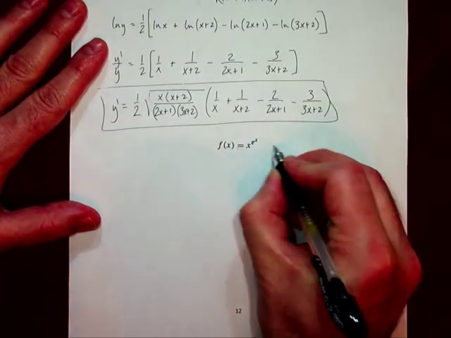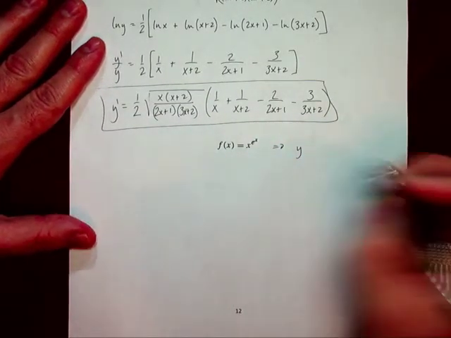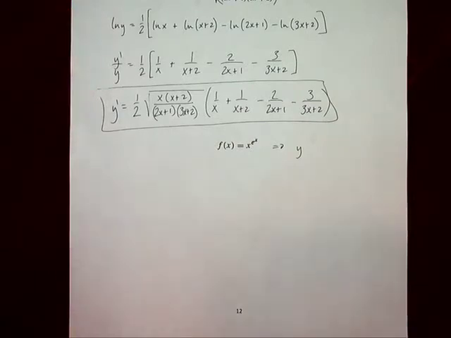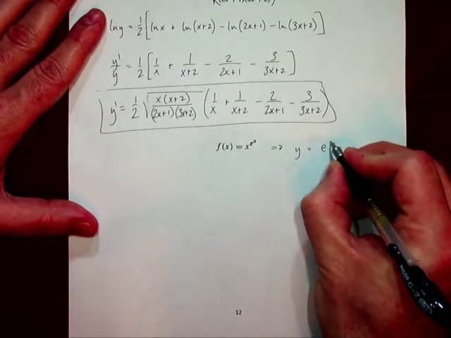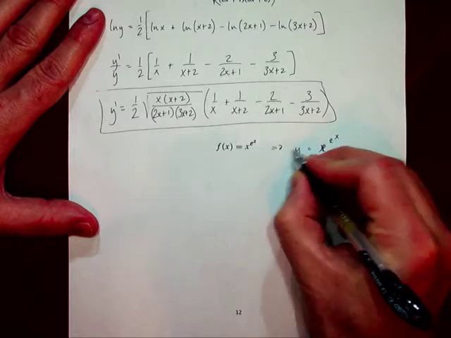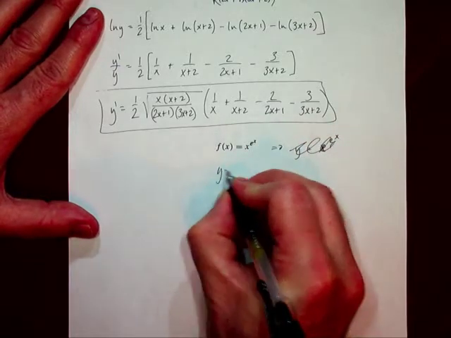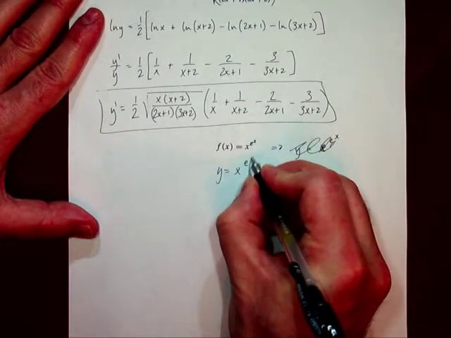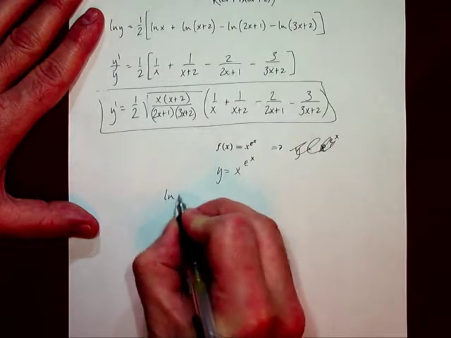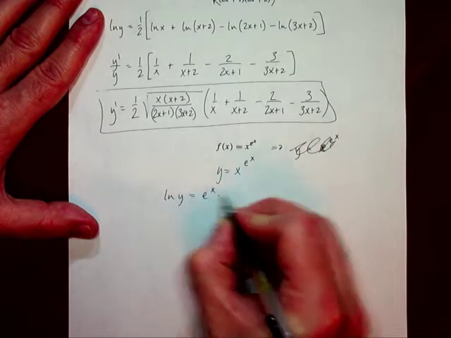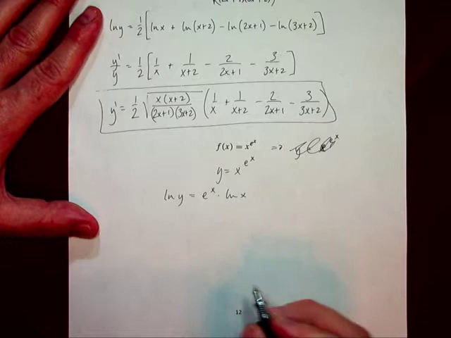Let's go ahead and rewrite this as y, because it's a little more difficult to deal with it as natural log of f of x. Not that that's illegitimate. Okay, let's try that again. y equals x to the e to the x, and therefore we have natural log y is equal to e to the x times natural log x.